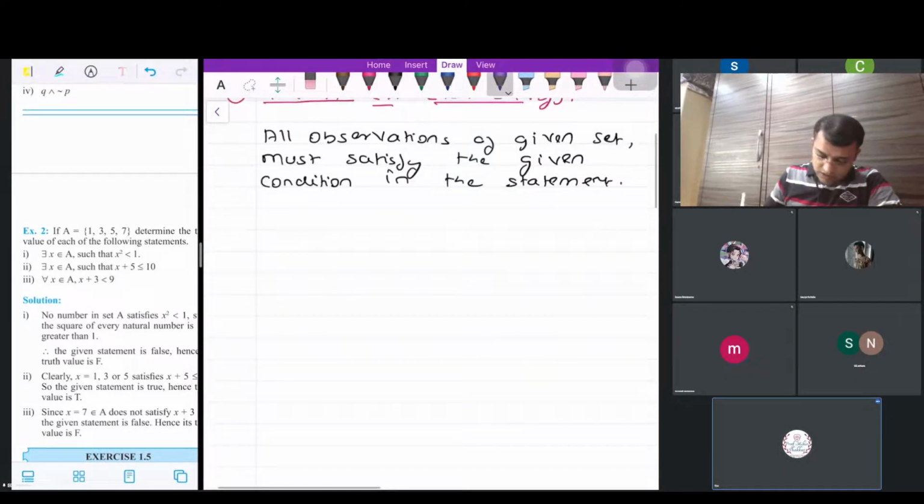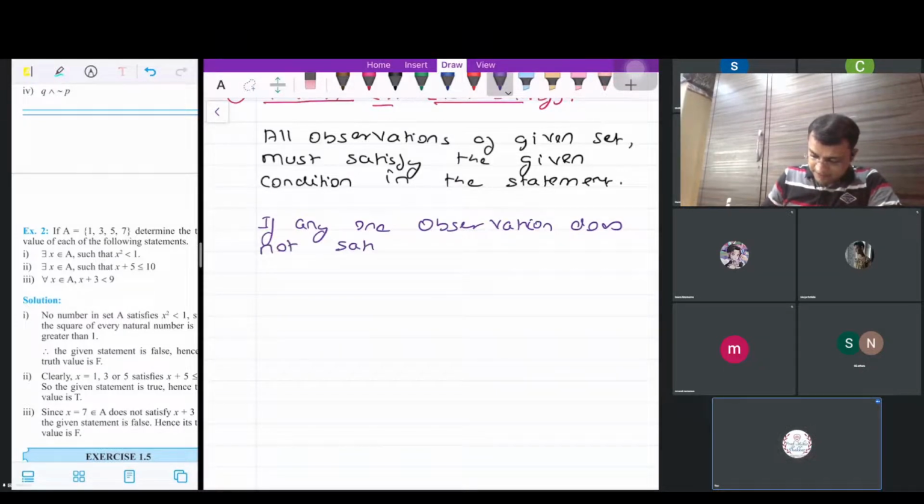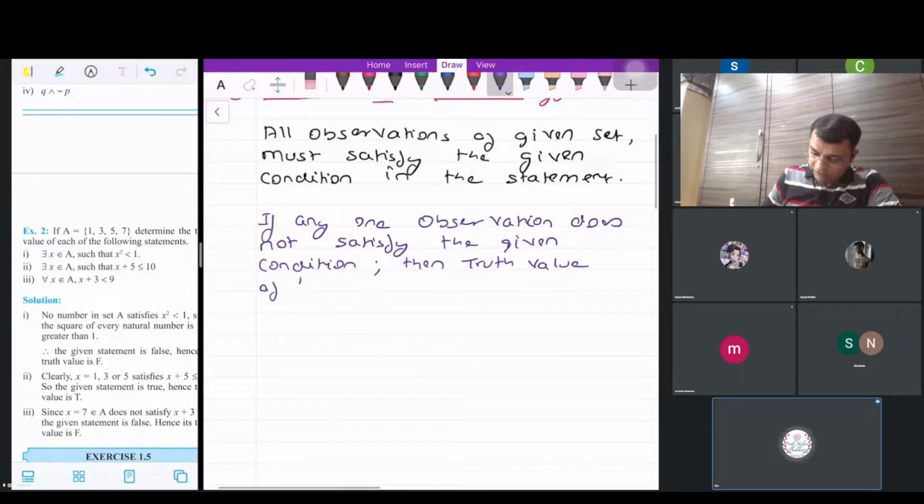Below that, write down: if any one observation does not satisfy the given condition, then the truth value of the given statement becomes false.